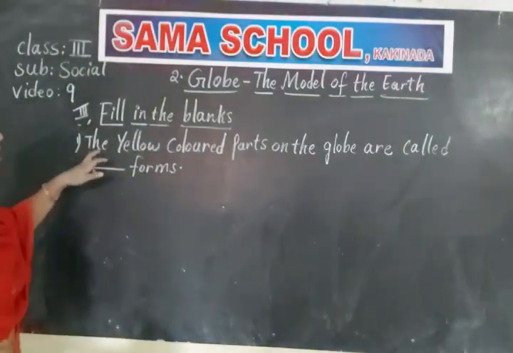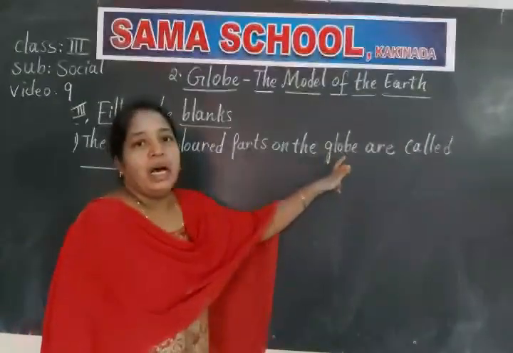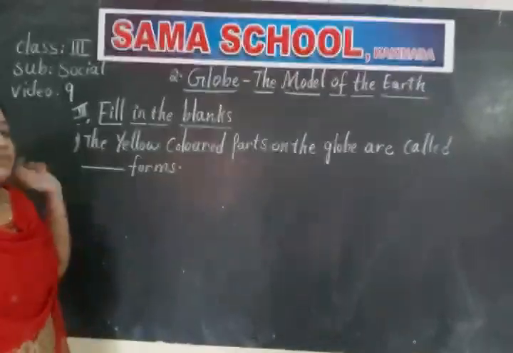See the question children. The yellow colored parts on the globe are called dash forms.